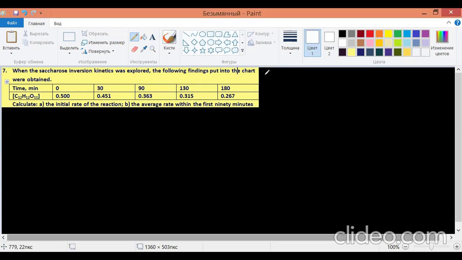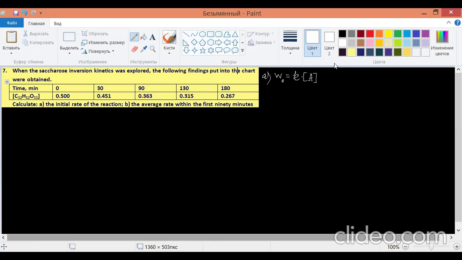So A. In order to be able to calculate the initial rate of the reaction, we should remember that W sub 0, which denotes the initial rate of this reaction, is equal to K times the concentration of this substance. Let's designate it as A, okay?